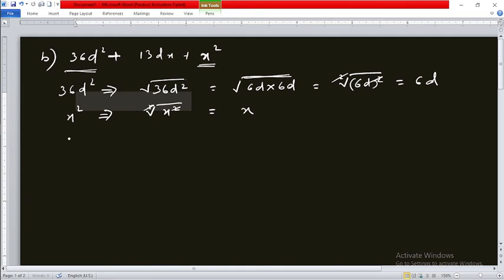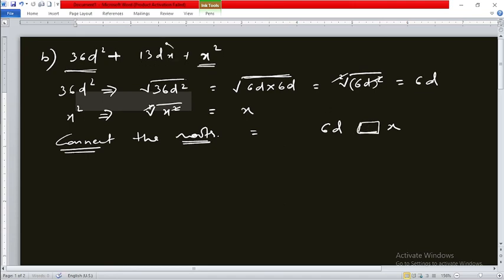Now, what I have told you, the third step is to connect. Connect the roots which you have obtained. You have obtained 6d and you have got x. How do you connect them? Which sign are you going to use in between? The sign of the remaining term.